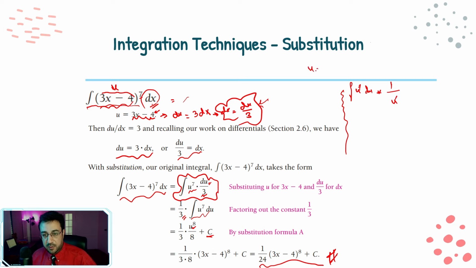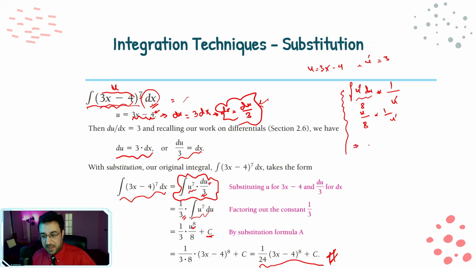So you have here u as 3x minus 4, then u prime, you already know how to do that, equals 3. Now here you do the integration in terms of u, that's u to the power of 8 over 8 multiplied by 1 over u prime.